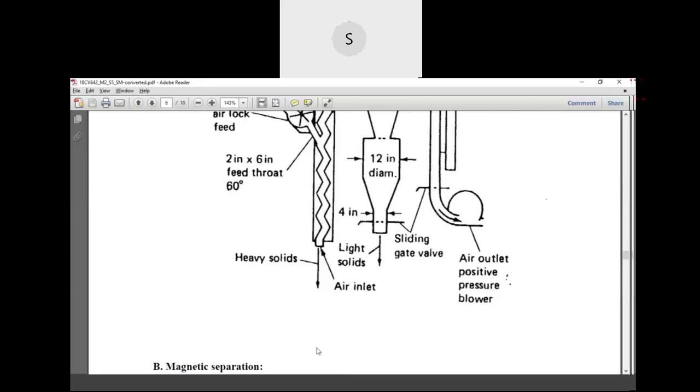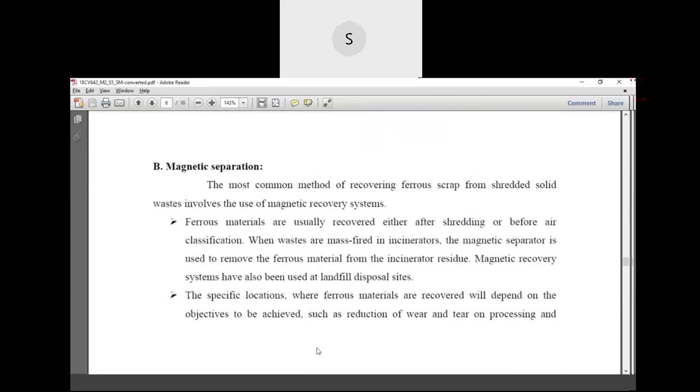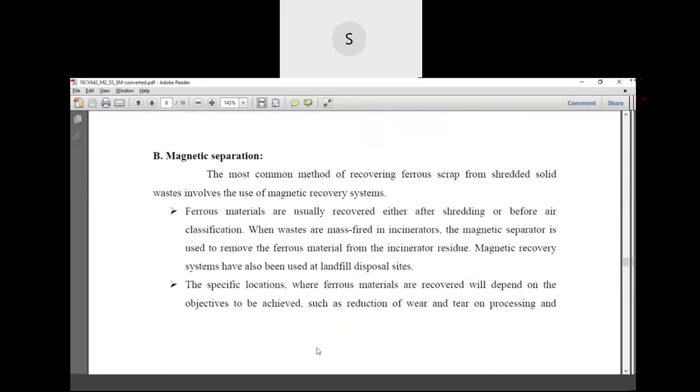And another important separator is the magnetic separator. In order to separate out the magnetic materials, this type of magnetic separator is used to recover the ferrous materials, and also the shredded solid waste which has some magnetic properties.